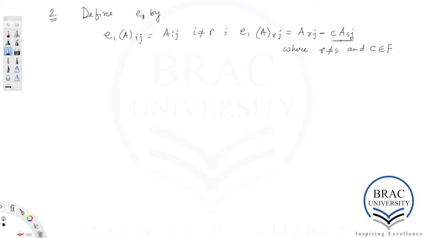Okay, let us recall that for the second type, the original elementary row operation E, the basic type of elementary row operation, was defined as follows.